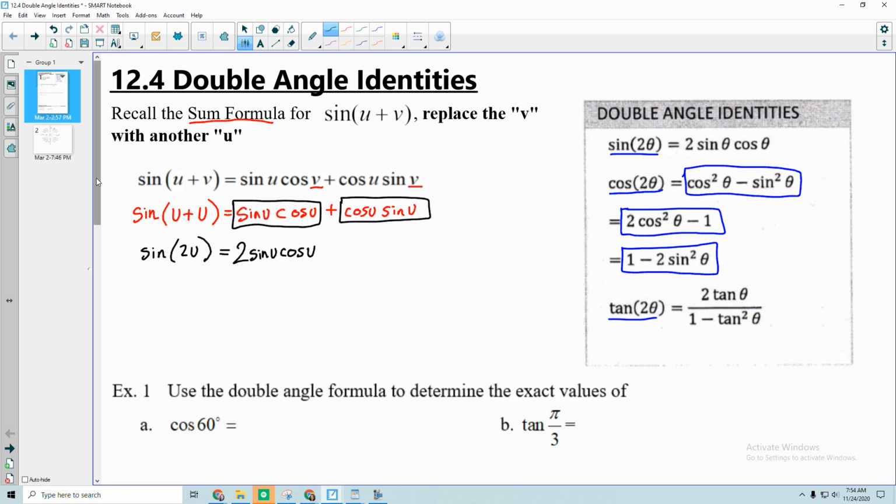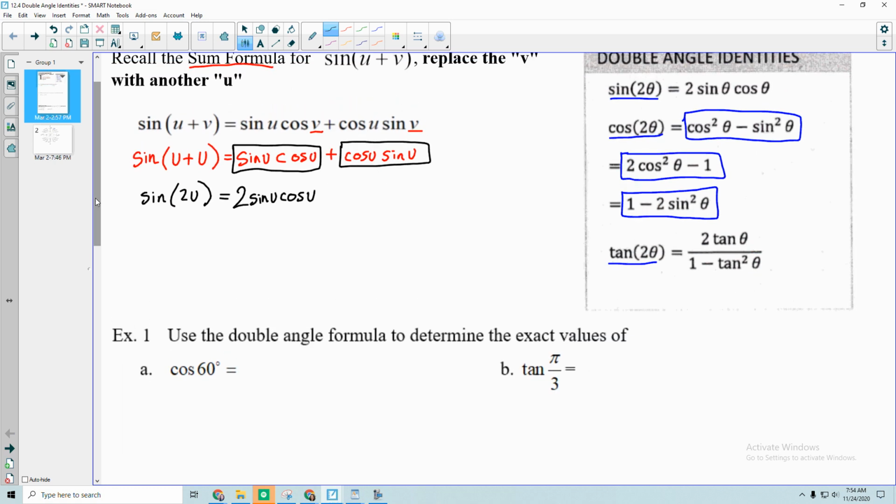Okay? All right, so now let's actually put some of these into practice. We're going to find the following exact values using the double angle identity formulas. So some of this is going to seem a little bit silly because if you're looking at the cosine of 60 degrees, you might be thinking, hey, I can easily find that on the unit circle, right?